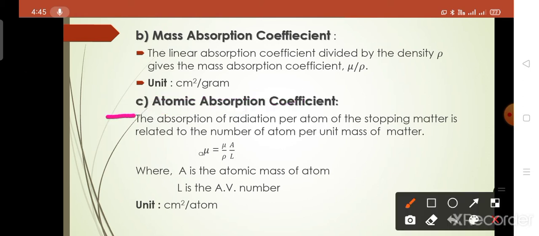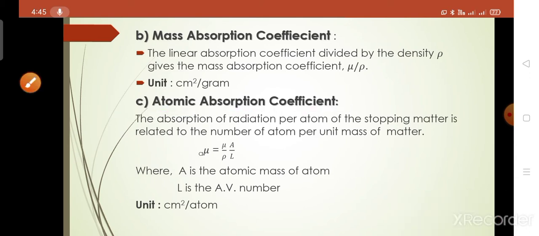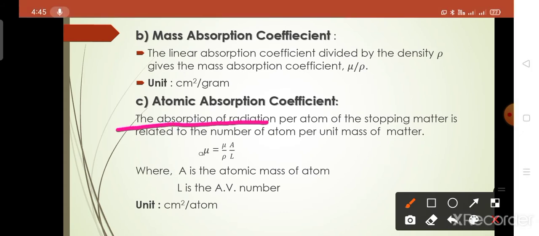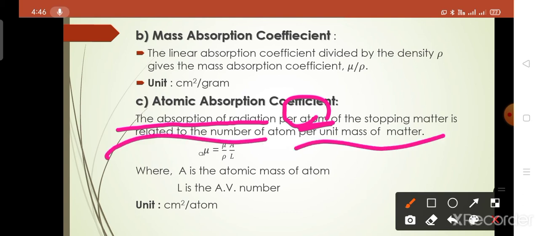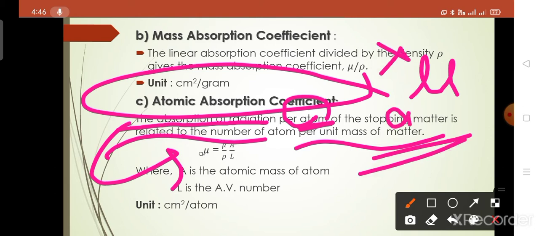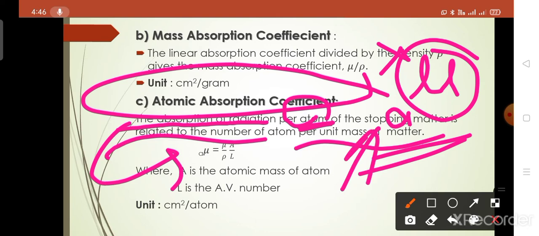Next one is the atomic absorption coefficient. In this type, it is the absorption of radiation per atom, and it is related to the number of atoms per unit mass of the matter. Here the atomic absorption coefficient is denoted by the symbol mu a, where mu is the absorption coefficient and a is nothing but the atom. A is for atom.